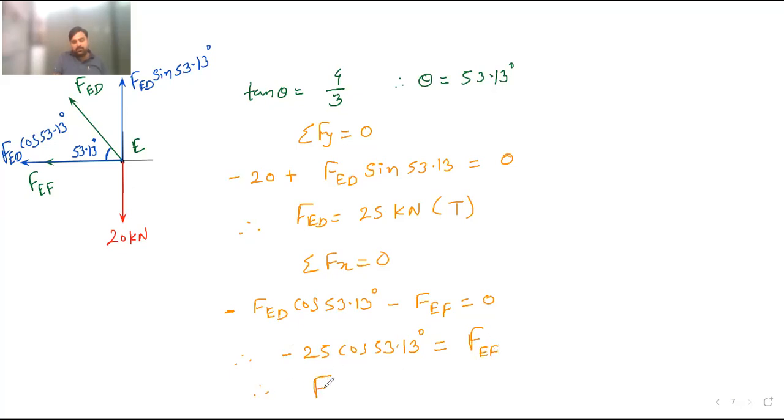So the force in member EF is minus 15 kilonewton. It means that FEF is equal to 15 kilonewton compressive. So here ED is tensile and EF is compressive.